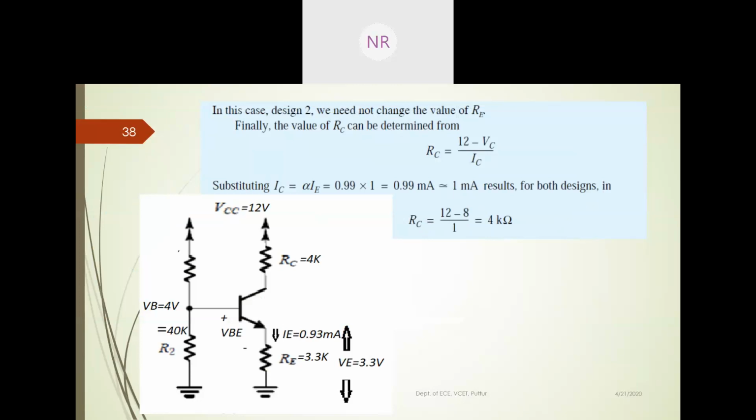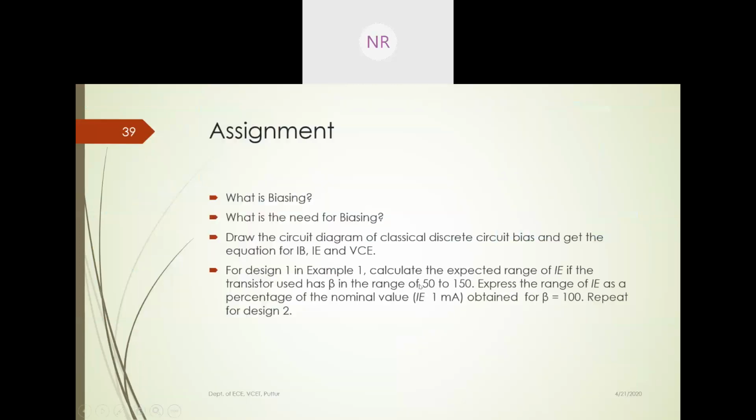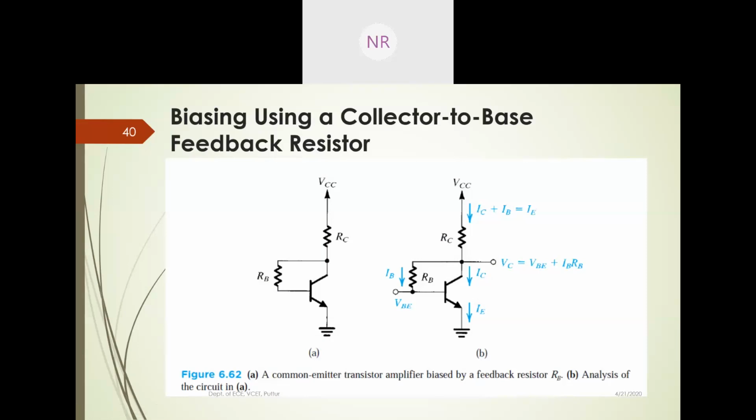So the next concept is very easy. Two types of biasing I told. That is classical discrete circuit bias and the collector to base feedback resistor. So this biasing is using collector to base feedback resistor.